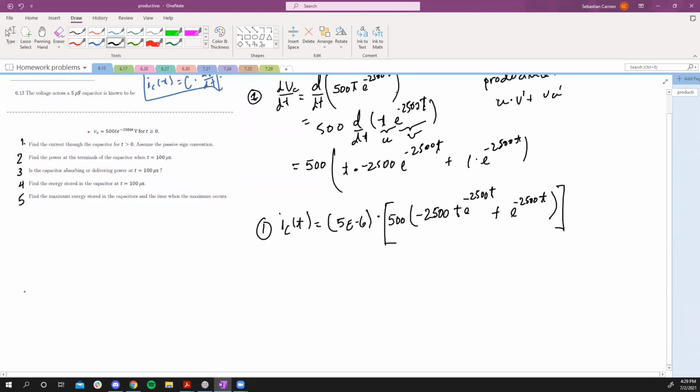Part 2 says find the power at the terminals of the capacitor when t equals 100 microseconds. Since we have our I and our V with respect to time, we're going to use P equals V times I for our power equation. We could eventually calculate the resistance, but this is the easiest way.